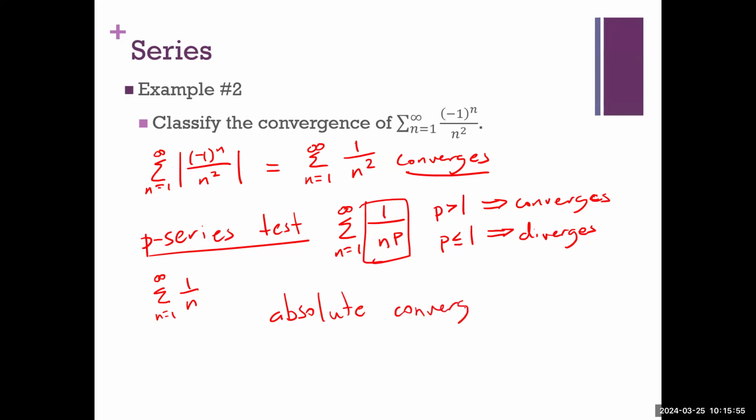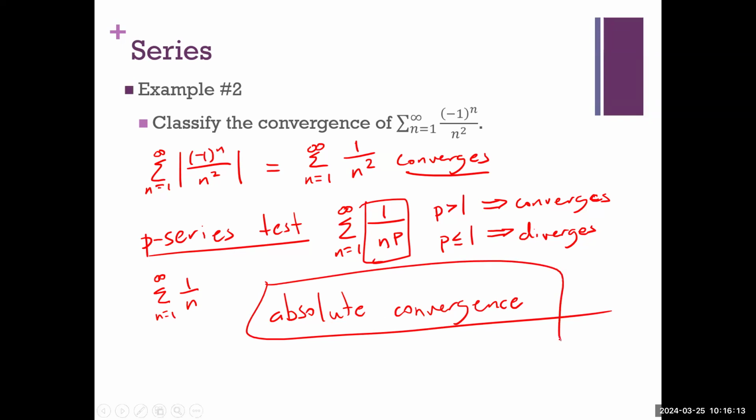Is it possible for something to absolutely converge and then diverge if we look for conditional convergence? No, it's impossible. So absolute convergence is something stronger. Hopefully the name implies that, but it's something stronger than conditional convergence. So if we look for absolute convergence and we find it, we're finished.